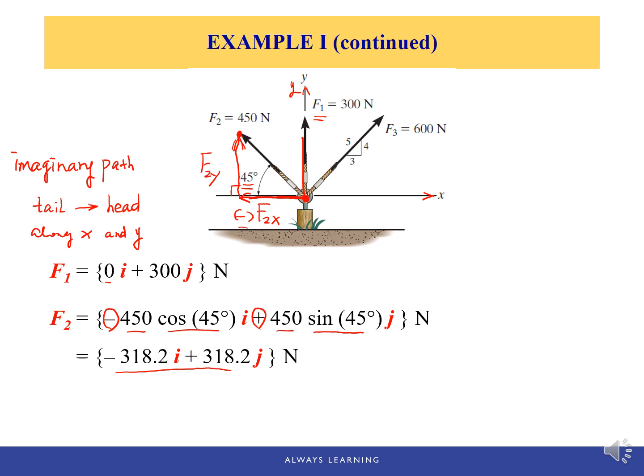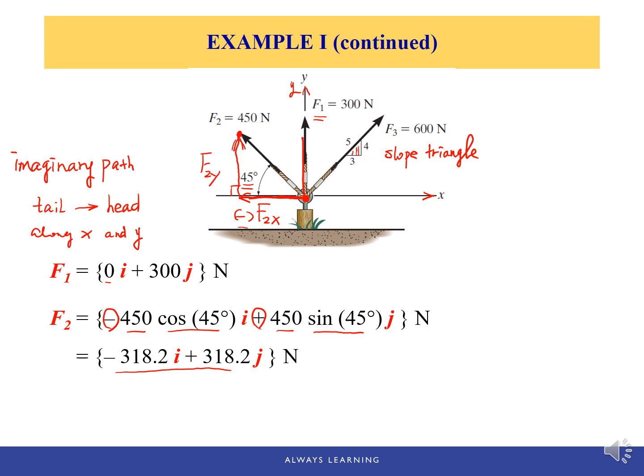And for F3, we have something called a direction triangle or slope triangle. So this is called the slope triangle. It gives us the relation between the components, or the magnitudes of the components, to be more specific.